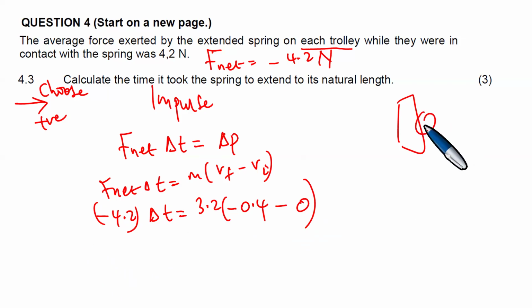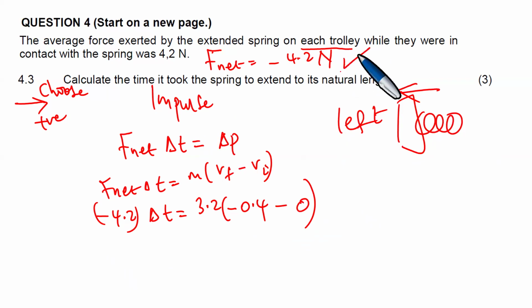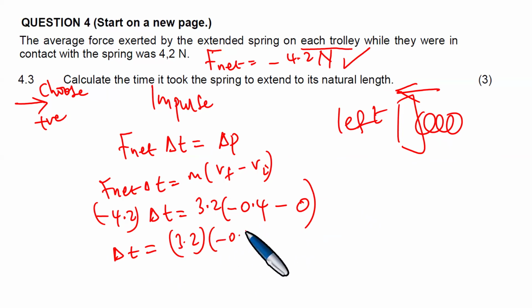We're looking at trolley A when the spring was pushing trolley A to the left. And pushing trolley A to the left led to a negative net force, because it became a force to the left that moved trolley A to the left. We're interested in finding the change in time, which is 3.2 multiplied by minus 0.4 divided by minus 4.2, and the correct answer is what?